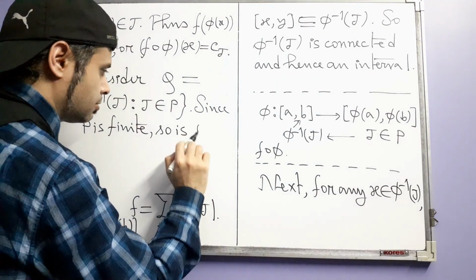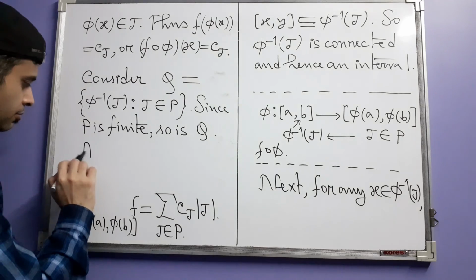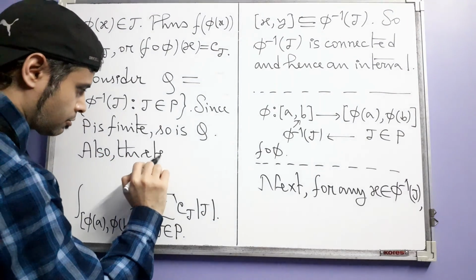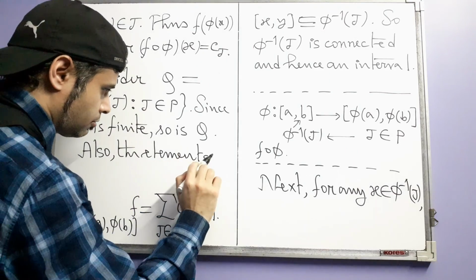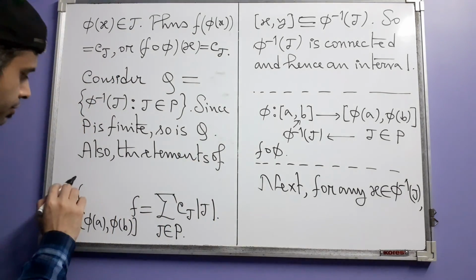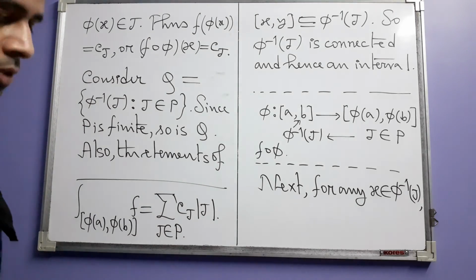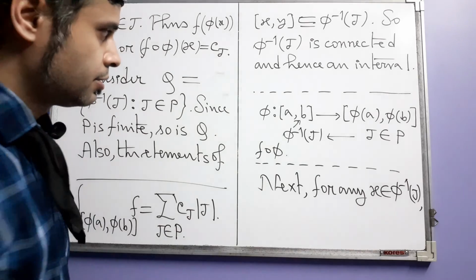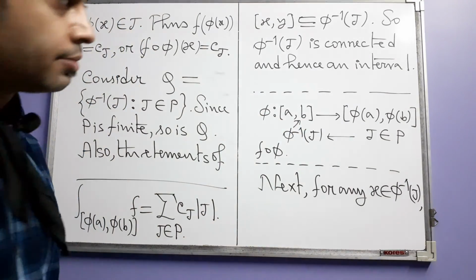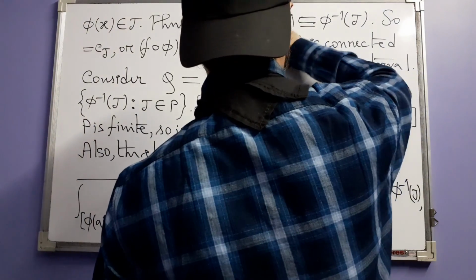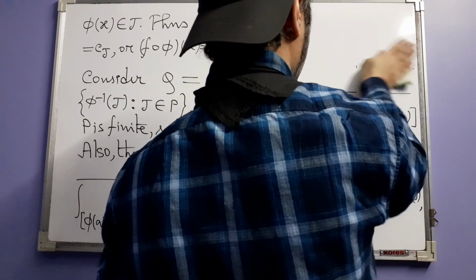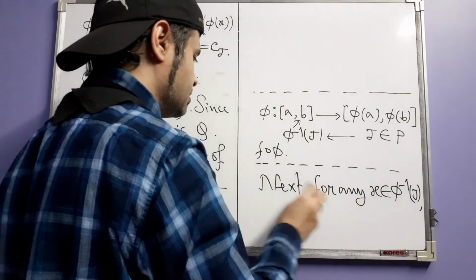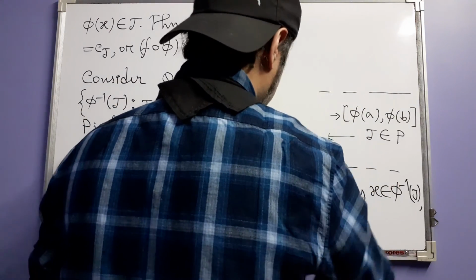Also, the elements of Q are bounded intervals in A, B. Yeah, now I think we have seen this enough, so I can just wipe it off.